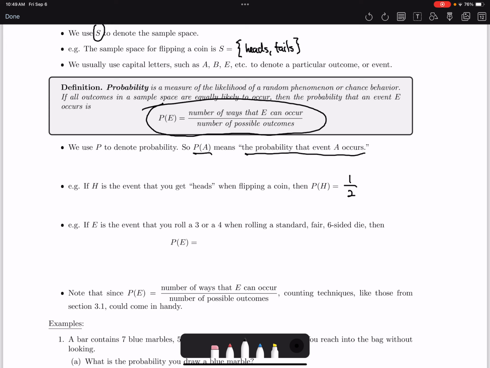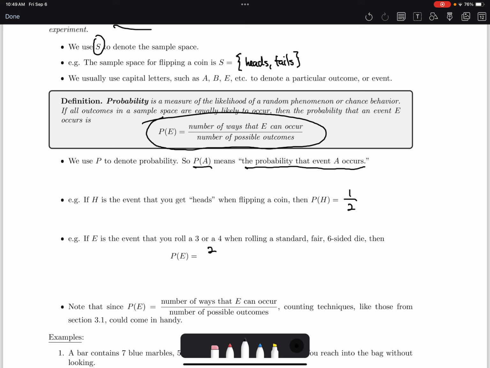Here's another example, maybe slightly better. If E is the event that you roll a 3 or a 4 when rolling a standard fair 6-sided die, then the probability that E occurs is going to be 2 out of 6, because there are two ways for E to occur. You could roll a 3 or you could roll a 4. And there are 6 possible outcomes when you're rolling a die, so probability of E would be 2 out of 6.